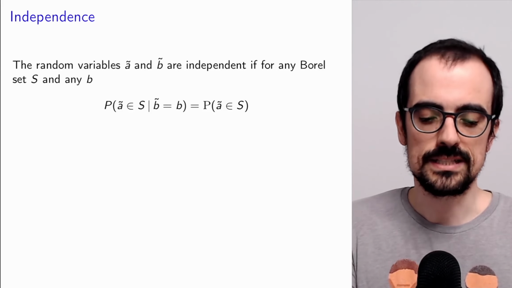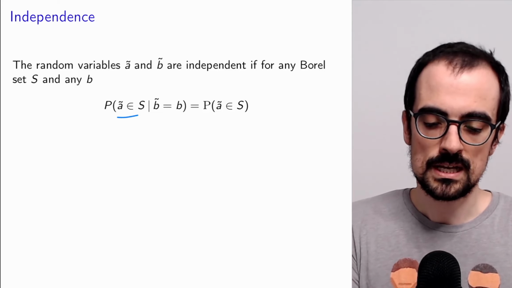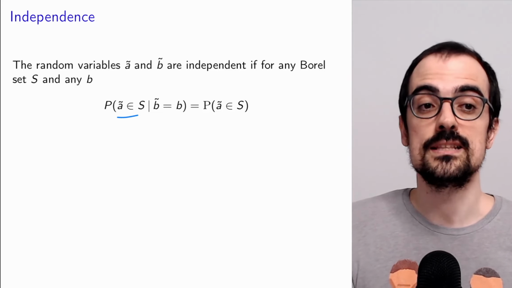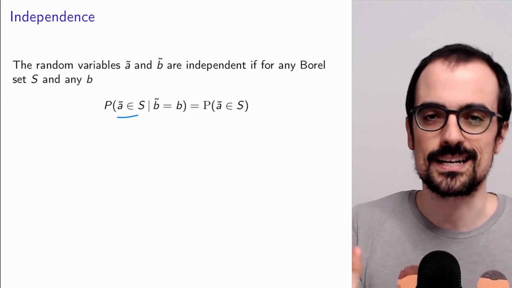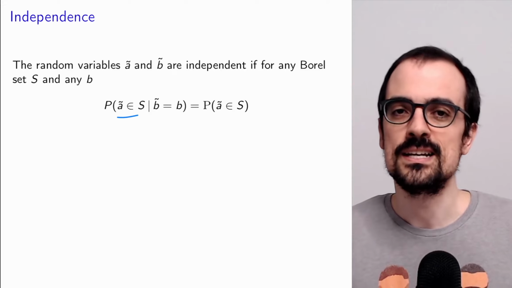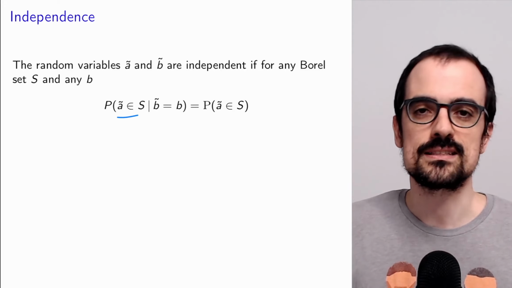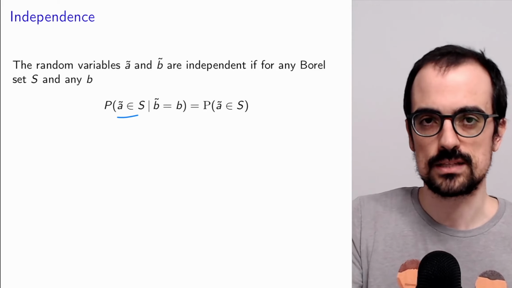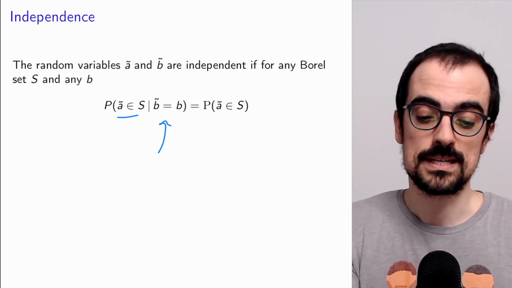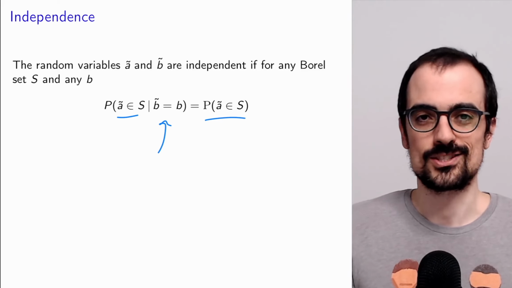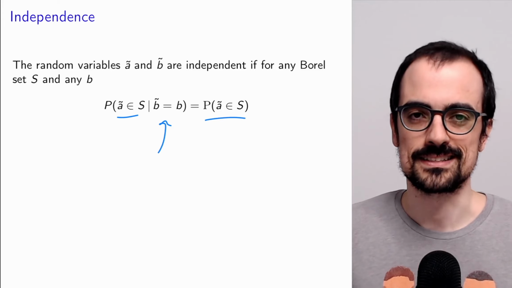It means that the probability of the random variable being in any Borel set, which sounds fancy, but I keep saying this is just a union of intervals, is unaffected by the other variable. So for any reasonable set, the probability that a random variable A is within that set, conditioned on the value of the other variable, basically changes nothing. It's always the same as the marginal probability of A being in that set.